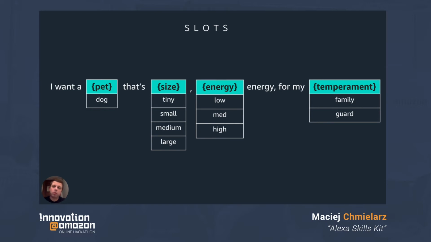So the user can say, I want a dog that's tiny, low energy for my family, or I want a dog that's large, high energy for my guard. Depending on what kind of pet they want, those values for those slots are going to be put into the intent and passed to your skill, so it can make the appropriate match.